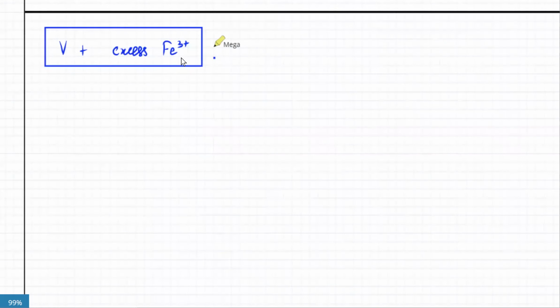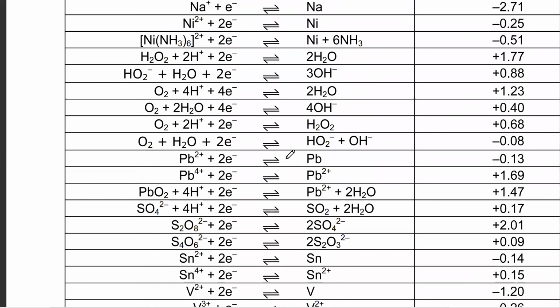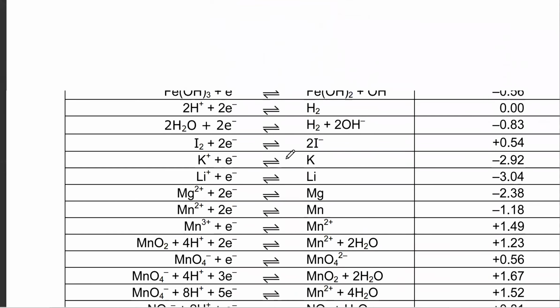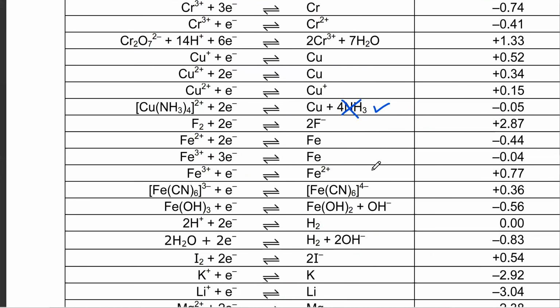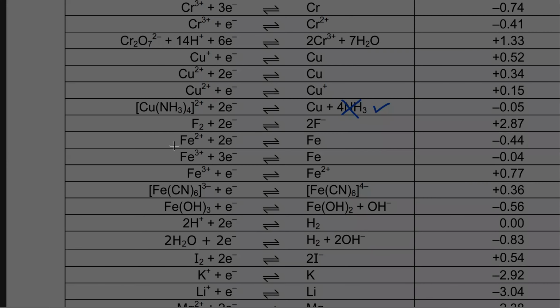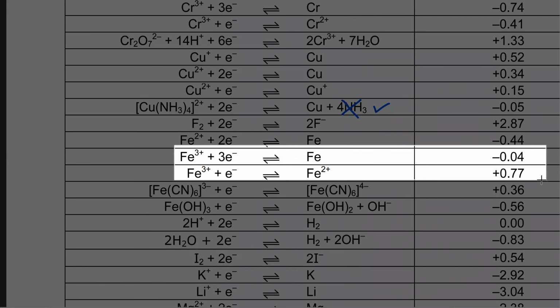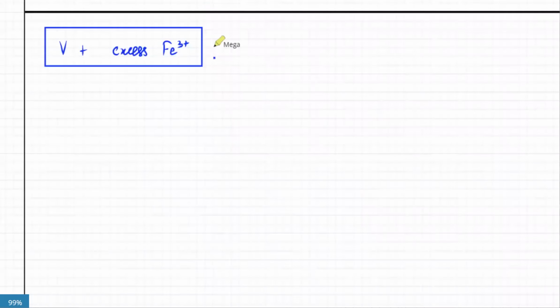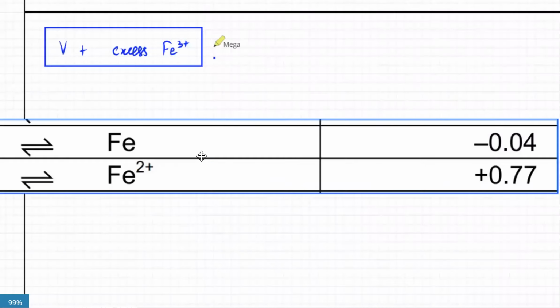So I need equations for Fe3 plus. There are actually just two, so I'll copy all of them. Where's Fe3 plus? So these two. These are the two possible reactions that involve Fe3 plus. There's no other, so let's write that down. And I would need equations for vanadium.